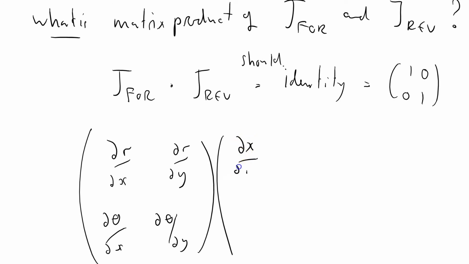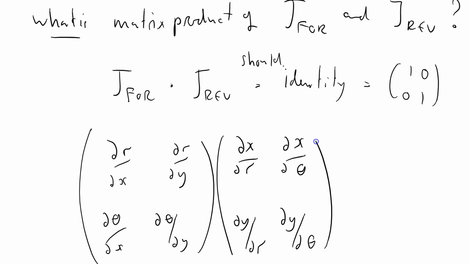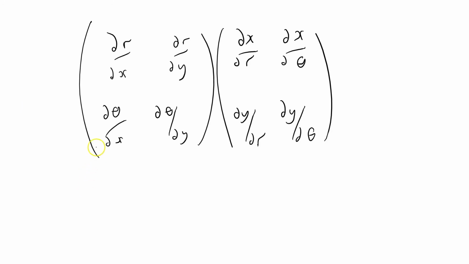Di x, di r, di x, di theta, di y, di r, di y, di theta. Now, at this point, you might be saying, well, hang on a minute, can't we just substitute in? But I'm doing the general case. What I like to do is to have a mixture of the general case and then the specific example, and we flick backwards and forwards between the specific example and the general case.